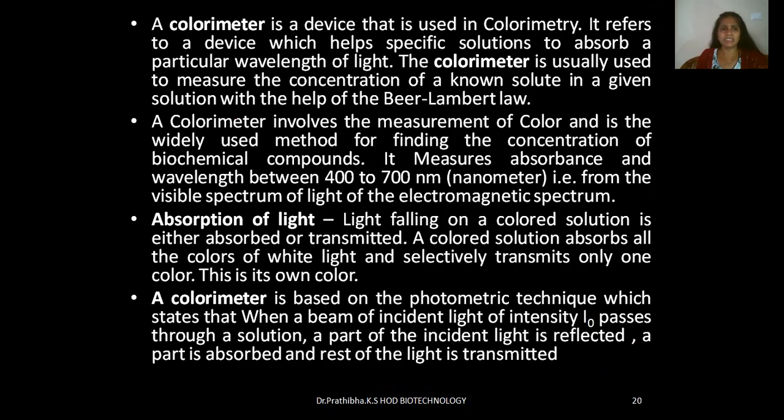So now let us go through a little bit of information about the colorimeter. A colorimeter is a device that is used in colorimetry. It refers to a device which helps specific solutions to observe a particular wavelength of light. The colorimeter is usually used to measure the concentration of a known solute in the given solution with the help of Beer-Lambert's law.